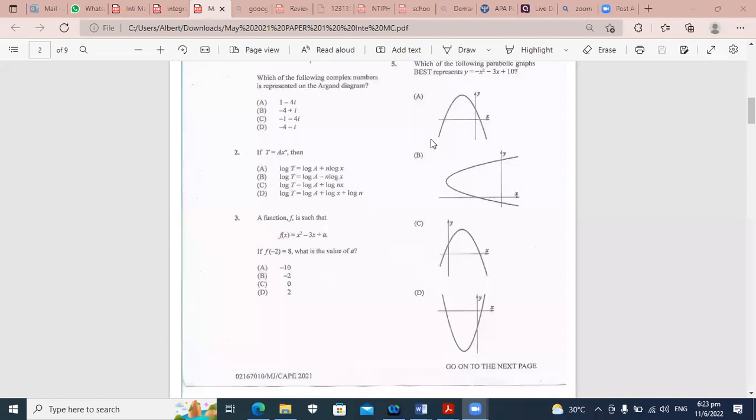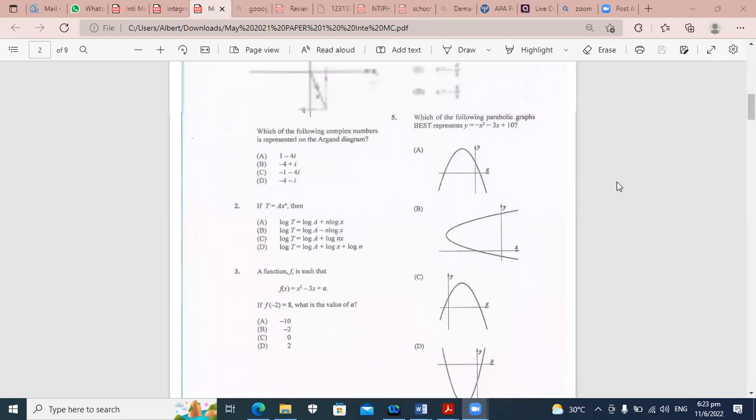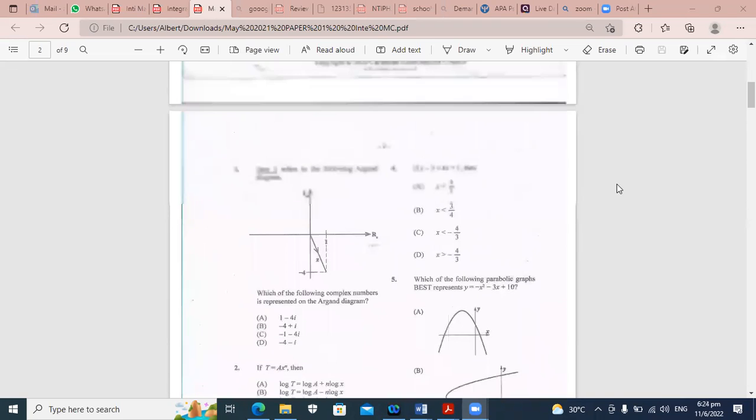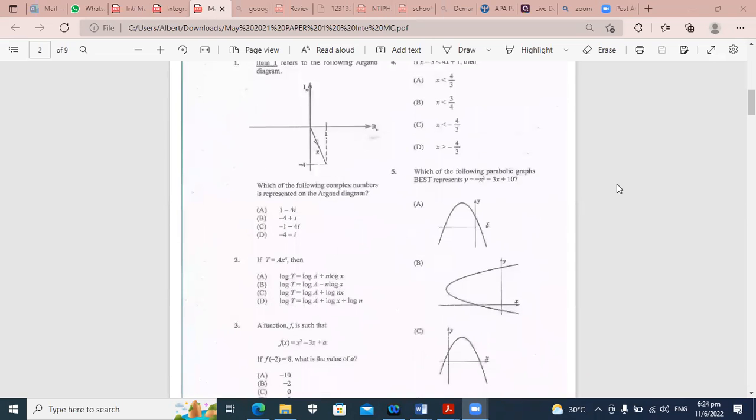Differentiation, sir. No, you know, Otisa, it's in the first part of the exam. You wouldn't get any differentiation.